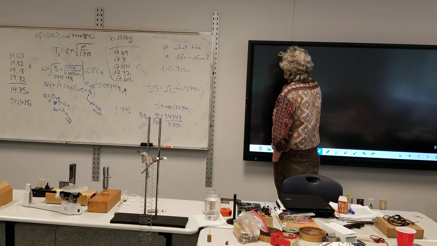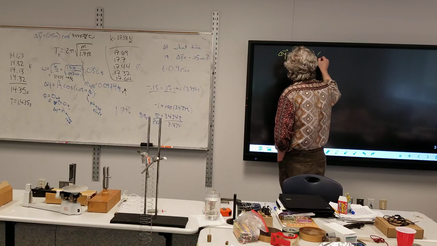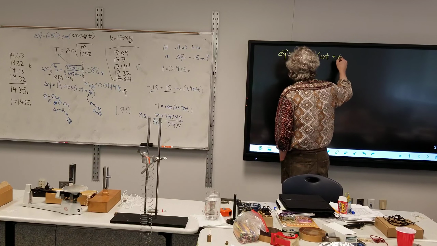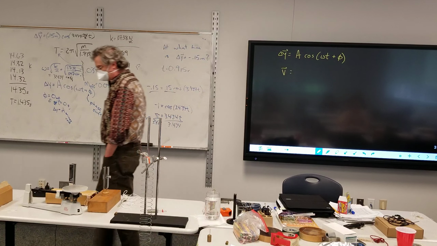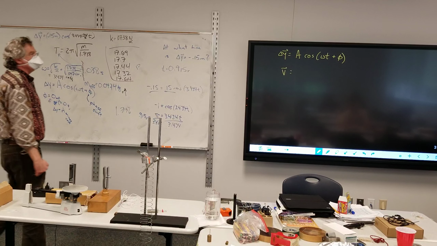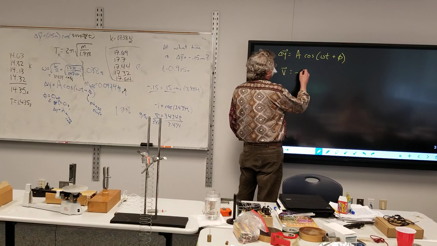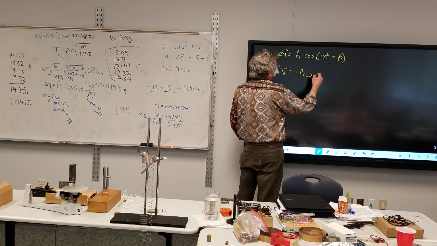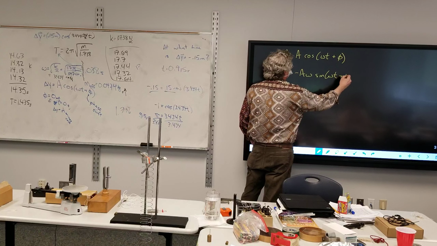So we have delta y is equal to amplitude cosine of omega t plus phi, generically. What does the slope of a cosine curve look like? A negative sine curve. So negative A times omega sine of omega t plus phi.